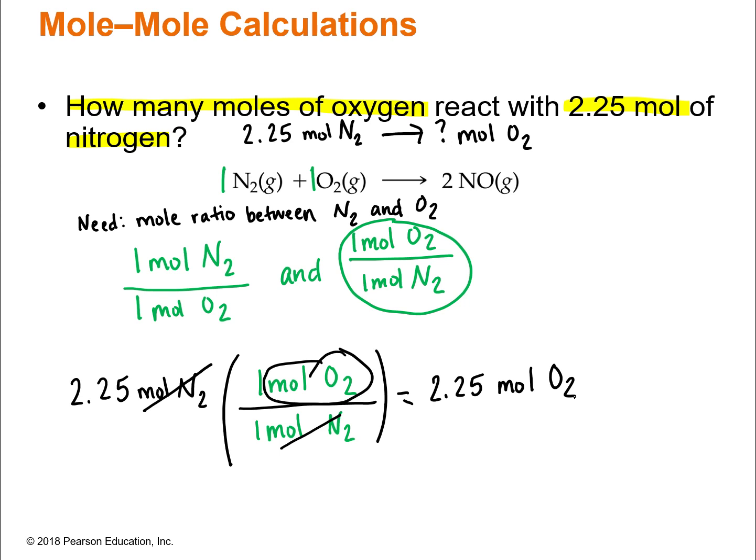So this is a very simple problem that shows you how to use mole ratios. We started with the number of moles of nitrogen gas, and we used a mole ratio. I may also call it a mole-mole factor. It's the same thing. But we used a conversion to get from moles of nitrogen gas to how many moles of oxygen gas we need to react with it.